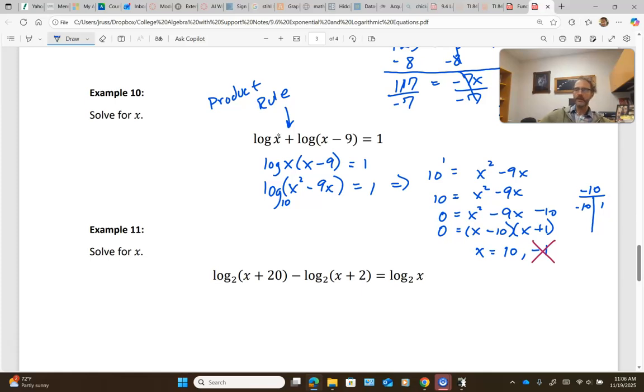But we throw it out or discard it because it makes these arguments negative. And so we wouldn't be able to actually evaluate the logarithm. Okay, so the only solution here then is 10. So again, guys, like I said, you need to check your solutions. Okay?